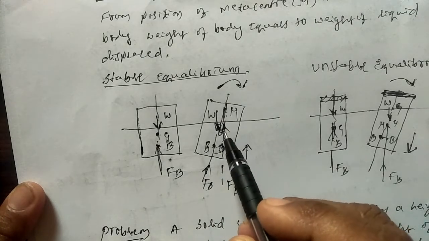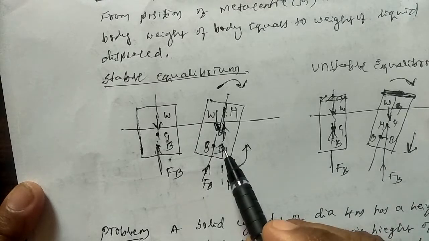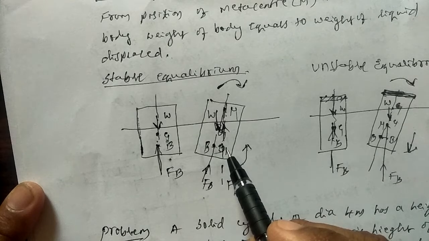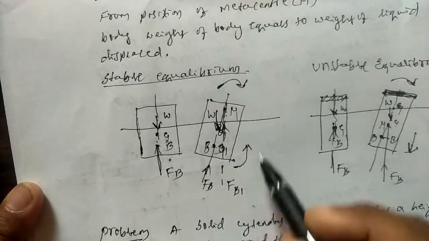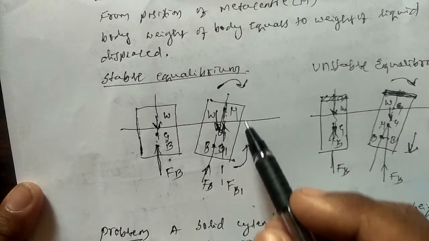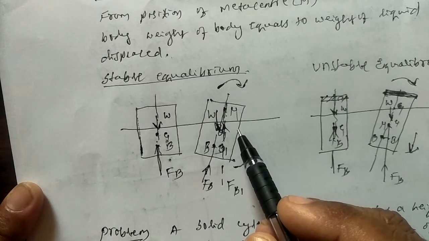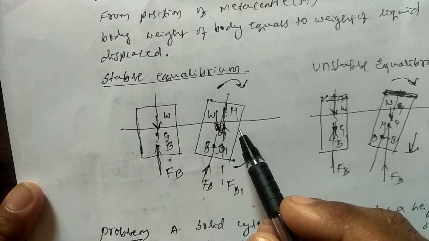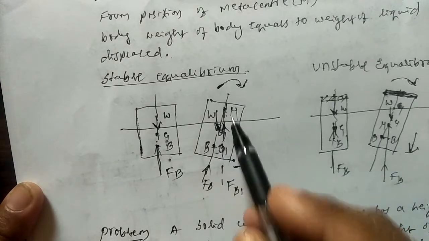So now the weight through the center of gravity and the force through the center of buoyancy constitute together a couple which causes the body to rotate in the anti-clockwise direction. So it brings the body to the original position. So now we can say that it is in the stable condition. For stable condition, the metacenter should always be above the center of gravity.